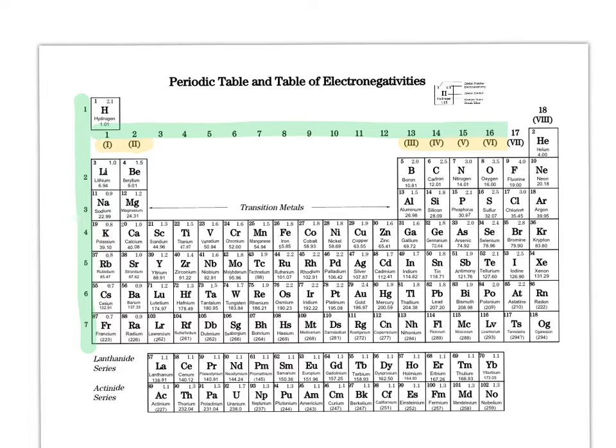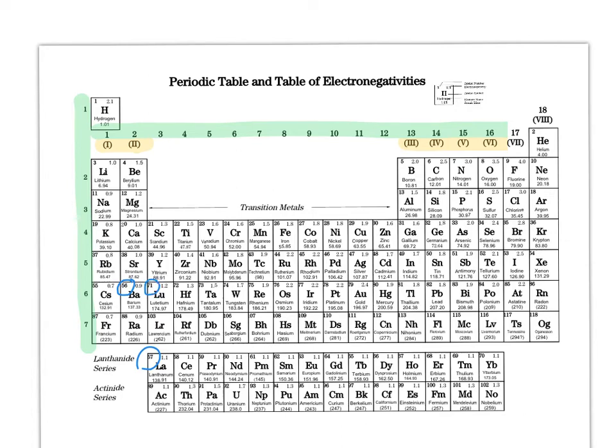Now you might ask, what about those two sections at the very bottom? Well, if you pay attention to the top left-hand corner, that's the atomic number. So the atomic number of the first one is 57. And here, on period 6, you jump from 56 to 71.